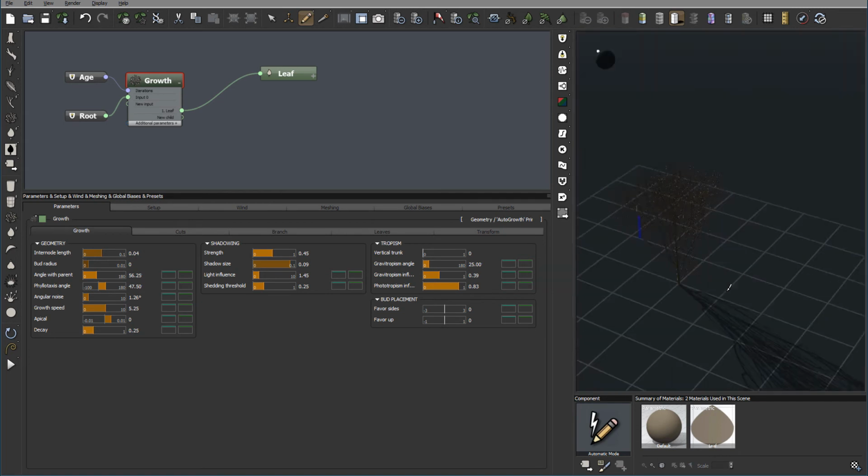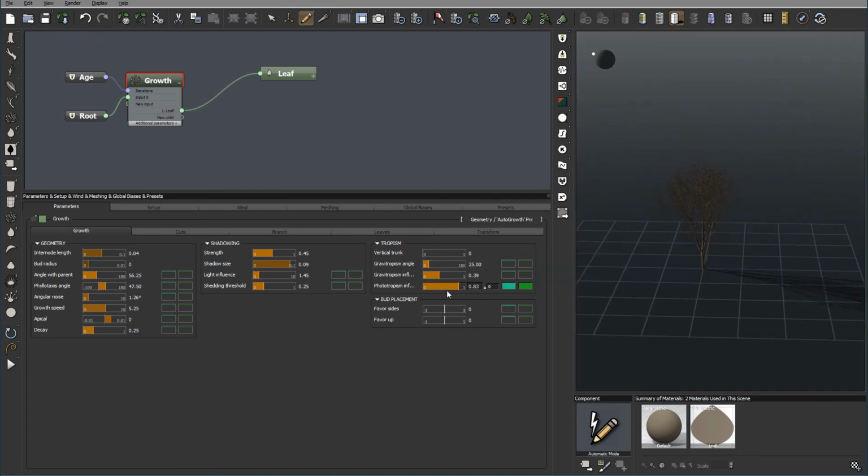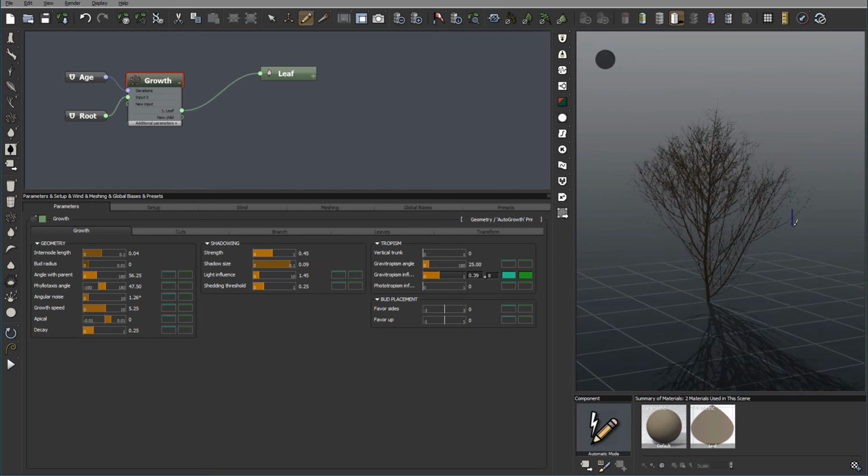So if we have our light object or a sun in specific areas, we can affect this, and in this way the plant will grow more towards the light. Okay, let's go to 0, and now it's spread evenly, not going towards the light.